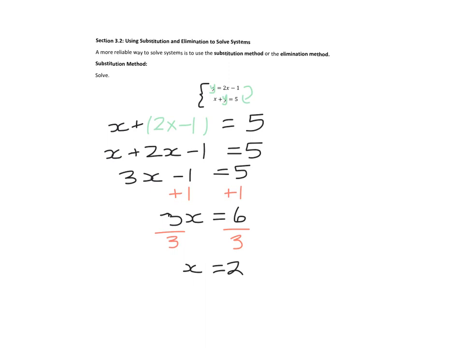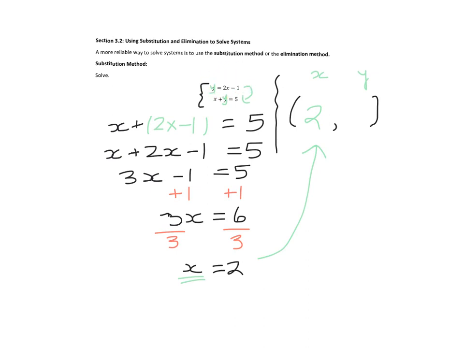But remember, solutions are ordered pairs. So whenever I solve a system like this, I always like to write out an ordered pair. That way I won't forget that I need two components. I need an x value and I need a y value. Okay, so how are we going to get the y value? Well, remember we have a formula for y. y is 2x minus 1.